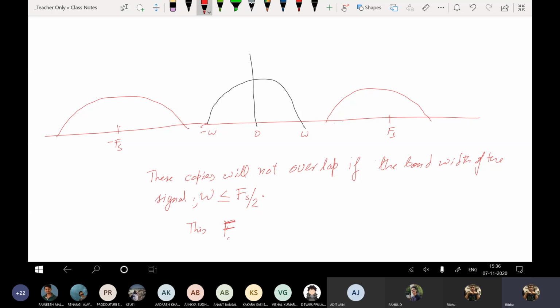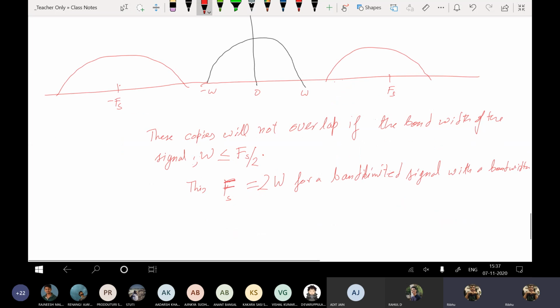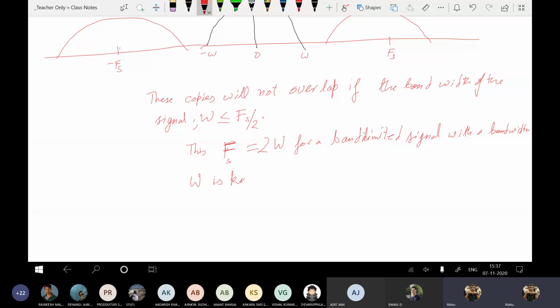Fs equal to 2W for a band limited signal with bandwidth W is known as the Nyquist rate for the signal g(t).